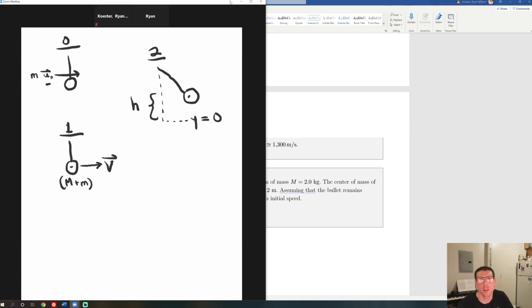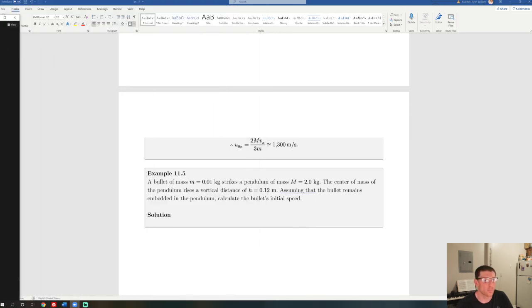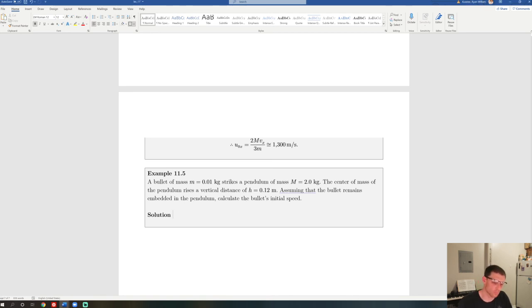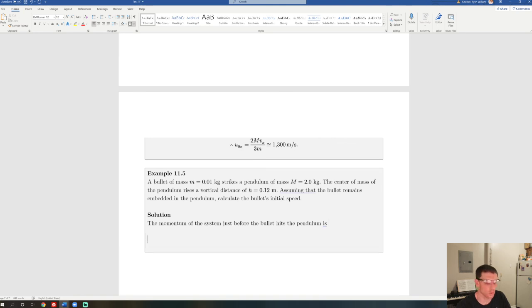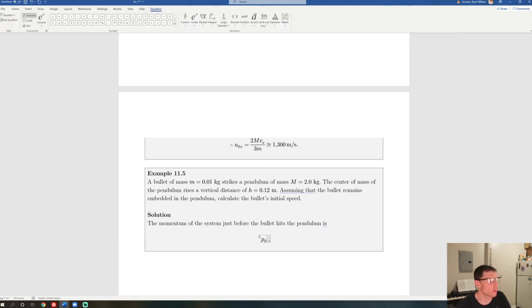So let's just start writing some stuff out and see what happens. It's never a bad idea, right? So the momentum of the system just before the bullet hits the pendulum is, and we'll call this P, and I'm going to drop the subscripts here, because I think I did this when we were talking about one-dimensional kinematics, there's really no reason, if we all agree we're talking about the x direction, to write subscripts.